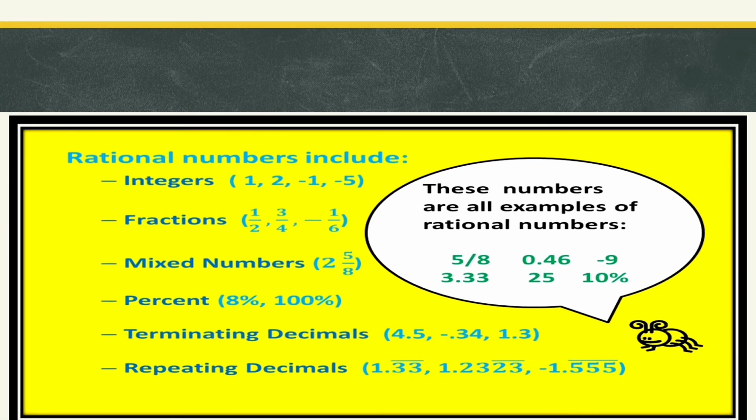So rational numbers include integers, fractions, mixed fractions, percentages. We can also represent percentages in the form of p by q. 8%, I can write it as 8 by 100. Therefore, they are also rational. Terminating decimals and repeating decimals.